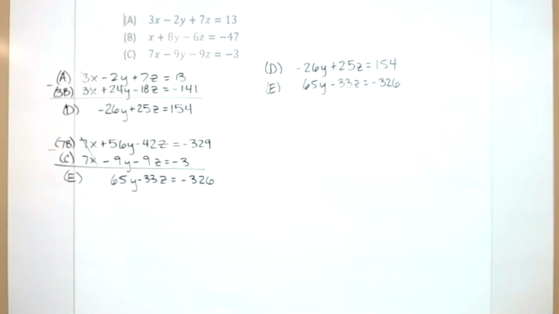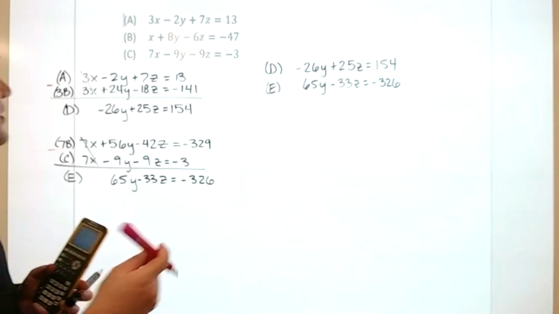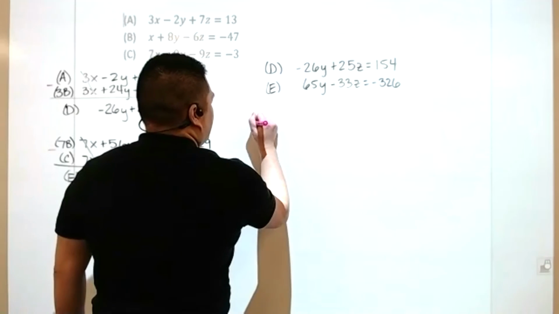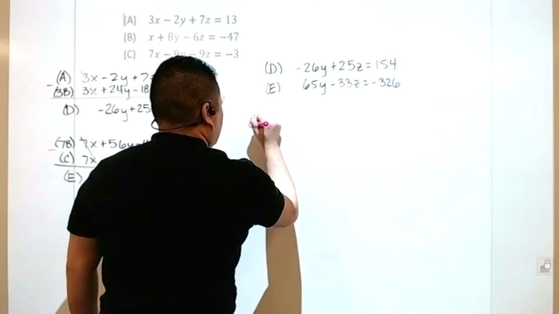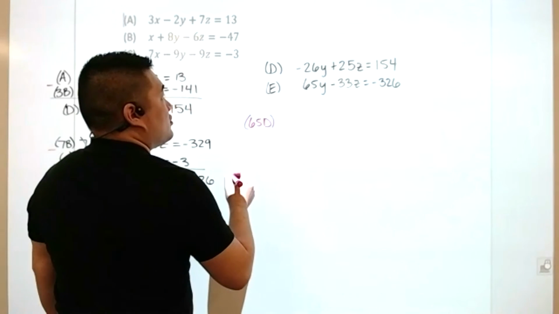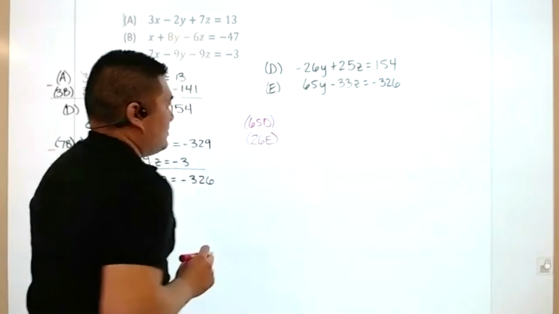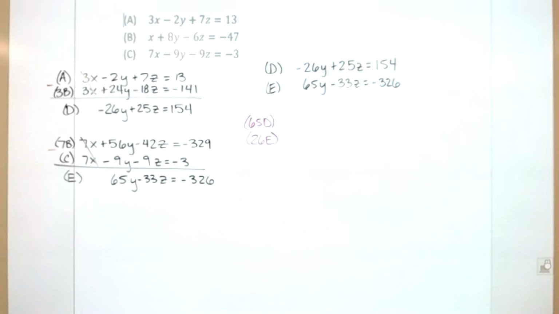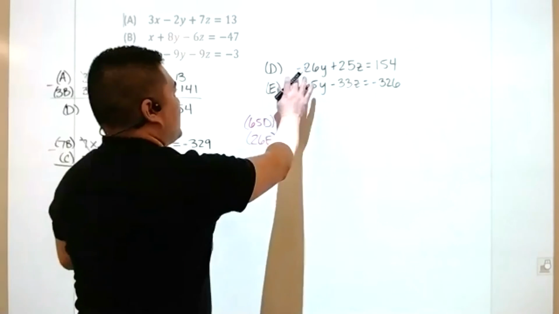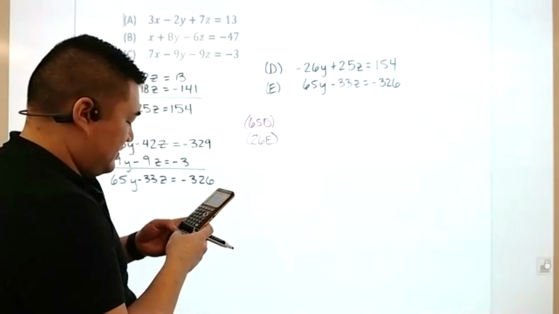The easiest way is just to multiply one equation by the coefficient in the other equation. I guess let's get rid of y. So that's going to be 65D and 26E. Ugh. All right, let's see what this gives me. I'm going to use a calculator here. Negative 26 times 65.